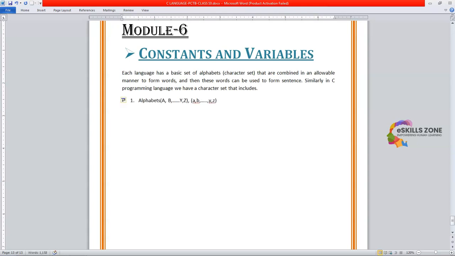Likewise, number 2, we have digits starting from 0 till 9.